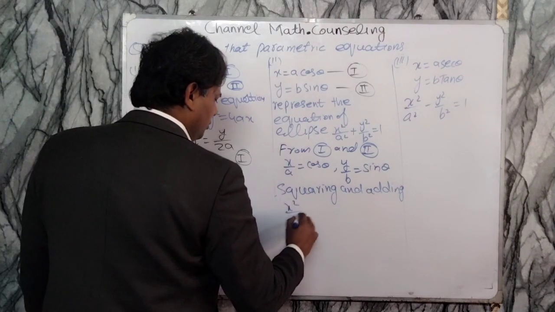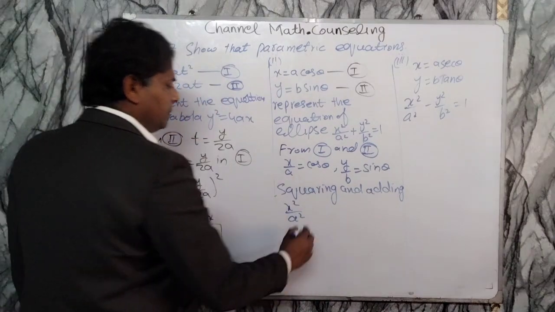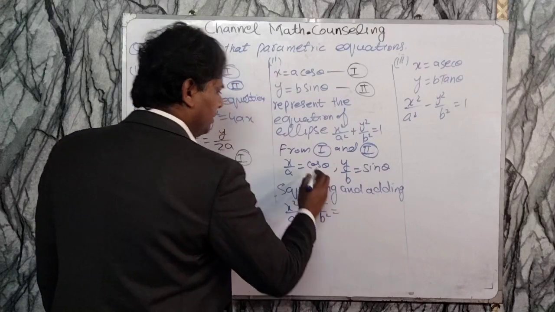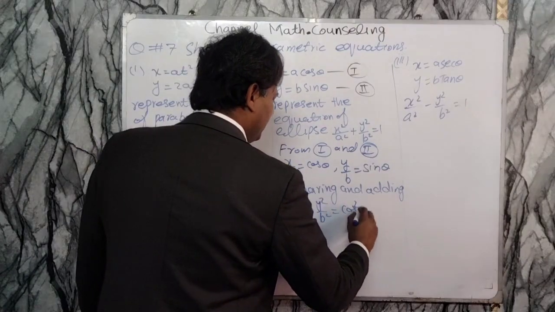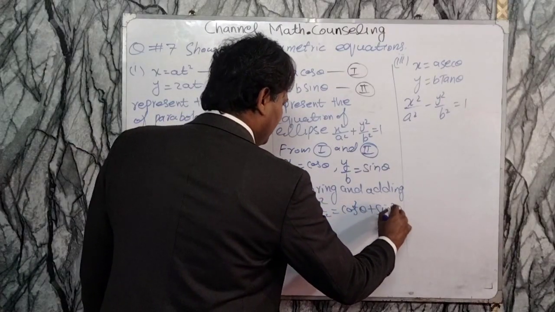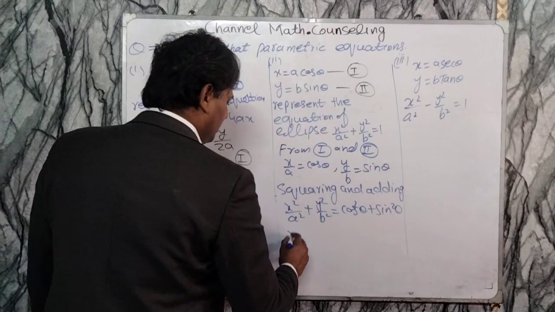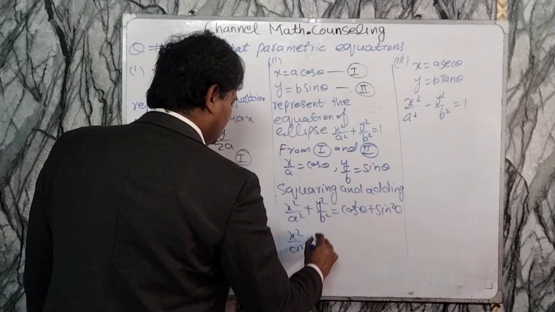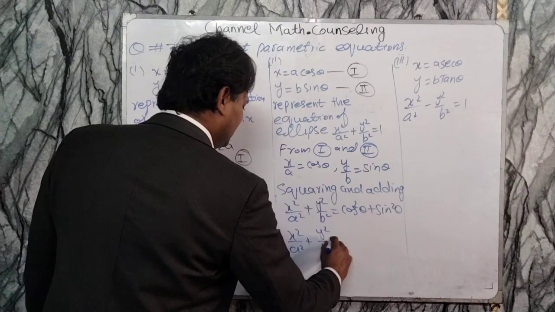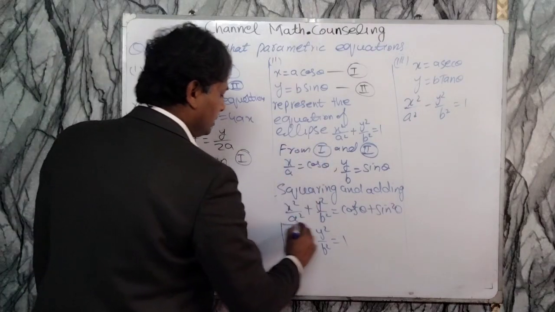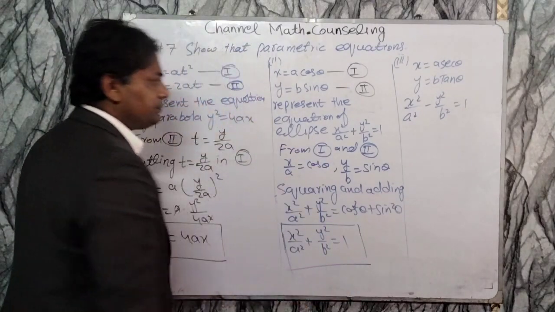So x square over a square plus y square over b square equals cos square theta plus sin square theta. So cos square plus sin square equals 1. So we can write in the place of cos square plus sin square, 1. And now this is our required condition that we have proved.